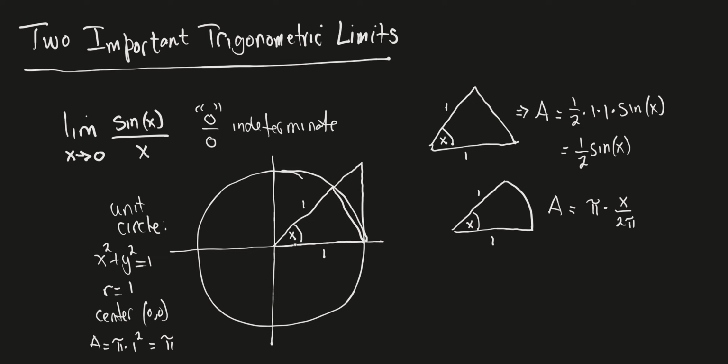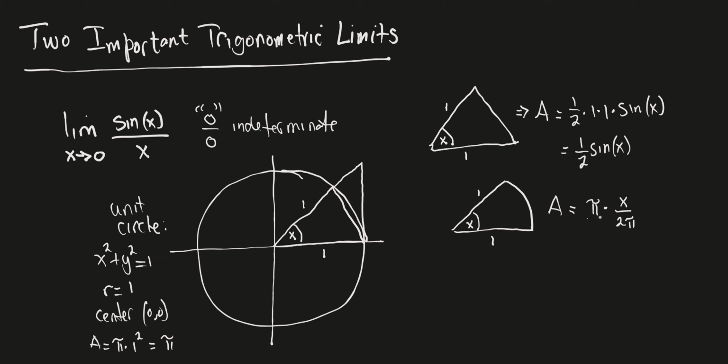Again, the x here represents the angle. The full revolution in our unit circle is comprised of 2 pi radians. This sector is only comprised of x radians, so this is essentially the fraction of the whole whose area we're computing. So what does that come out to be?